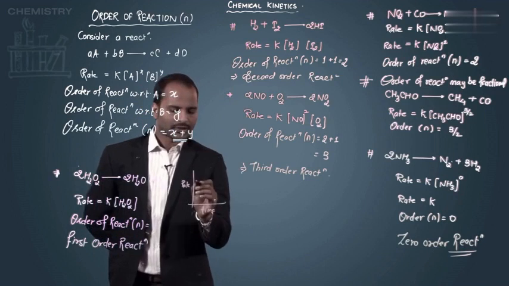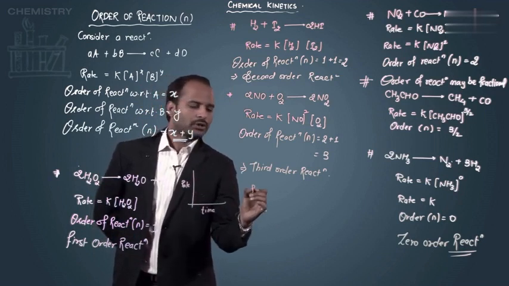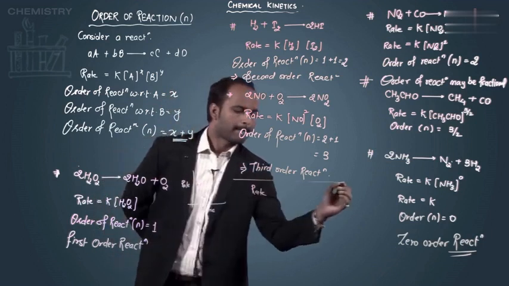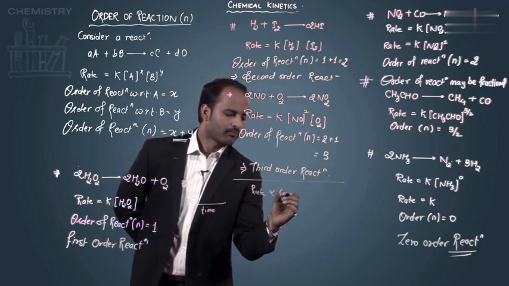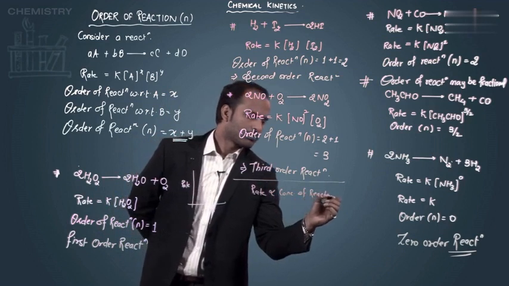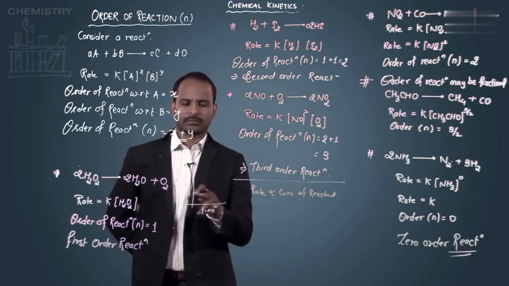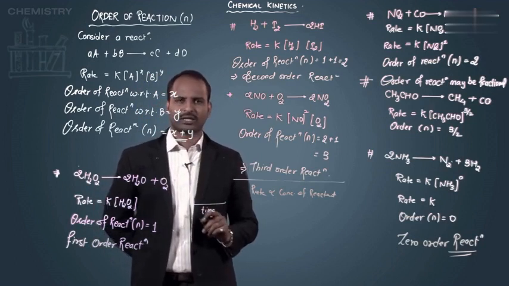The rate of reaction in the beginning is directly proportional to the concentration of reactant. So in the beginning, reactant is very large, and hence the rate of reaction is very high.